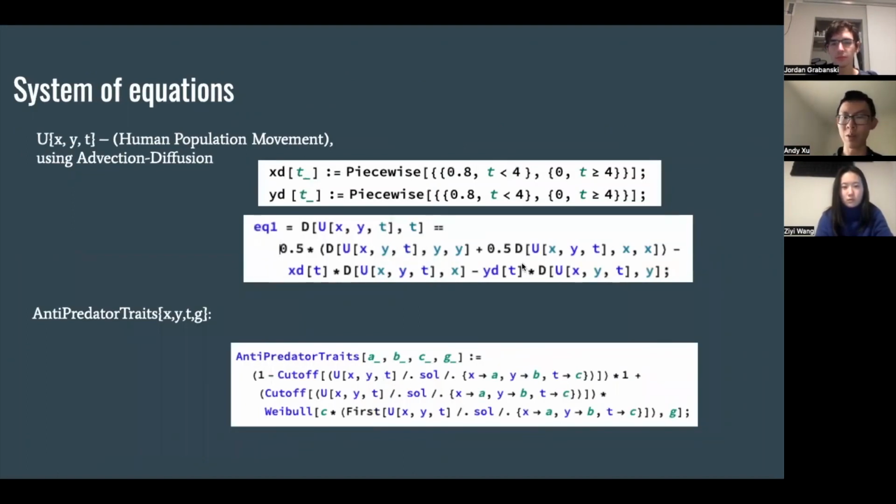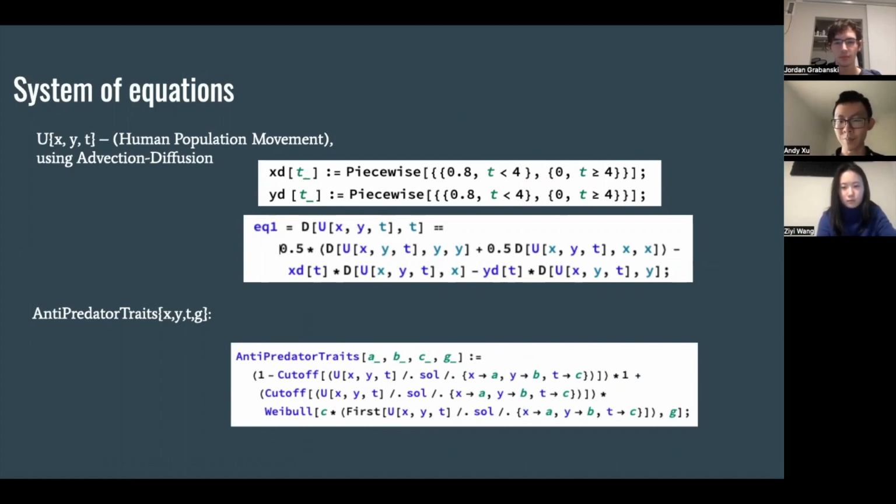So right now we're trying to solve the human movement equation. So here, this is our equation. We use a mixture of advection diffusion equations for human movement. And so we set the diffusion coefficients in both directions to be 0.5.